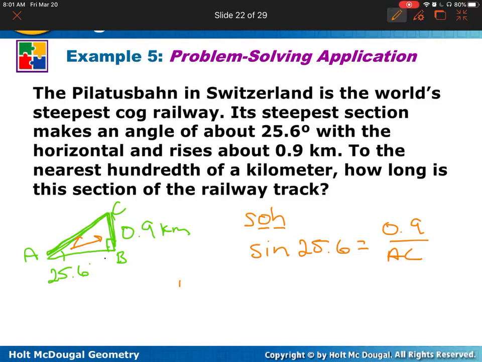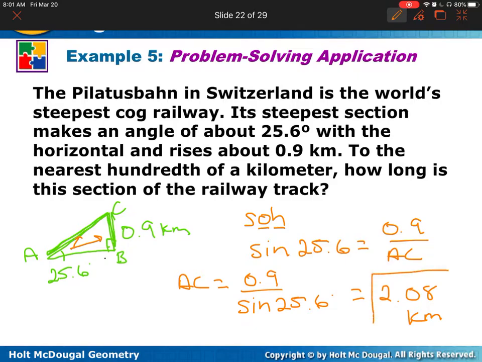So AC is equal to 0.9 divided by the sine of 25.6 degrees. And when we solve that on our calculator, we get 2.08. We're working with kilometers here.